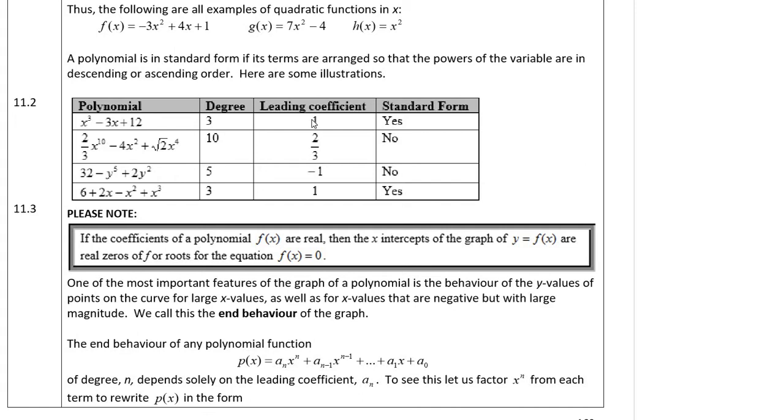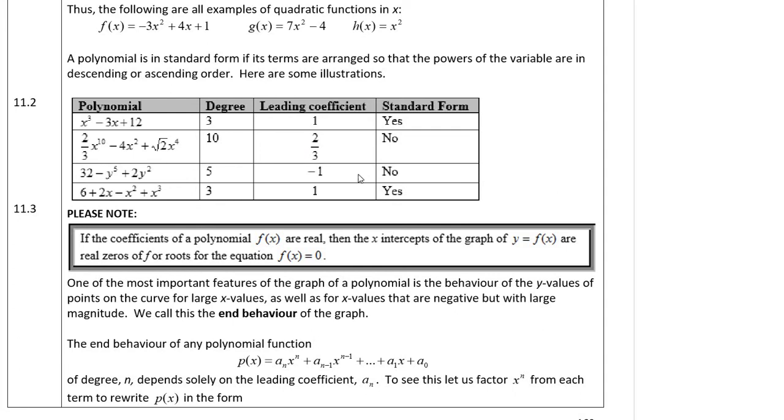And the leading coefficient is the coefficient of that term. So here x^10 is the highest power, and it has 2/3 in front, so that will be the leading coefficient. Because it's the leading term that takes over at infinity. So that is why that is so important.